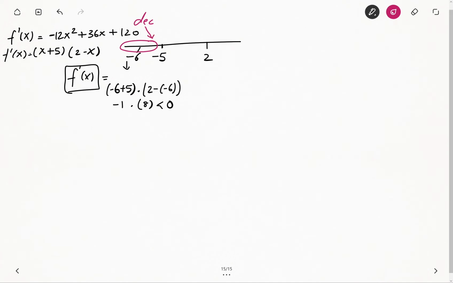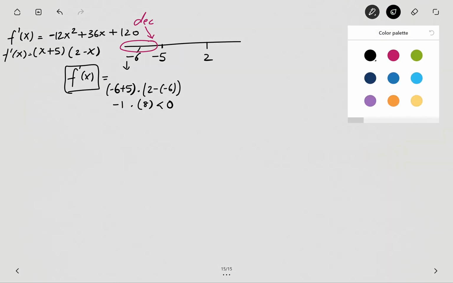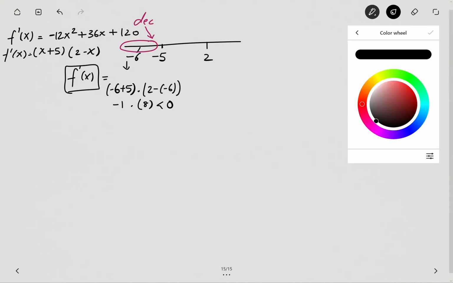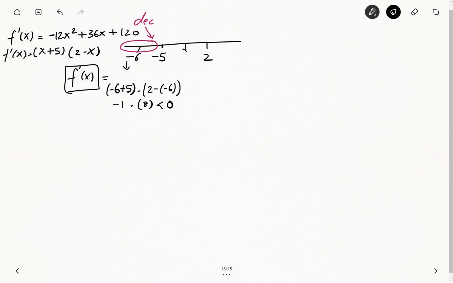Now let's pick a point in the other domain. Let's pick 0 here. At that point, when you evaluate f prime of 0, all you get is 5 times 2, which is going to be greater than 0.